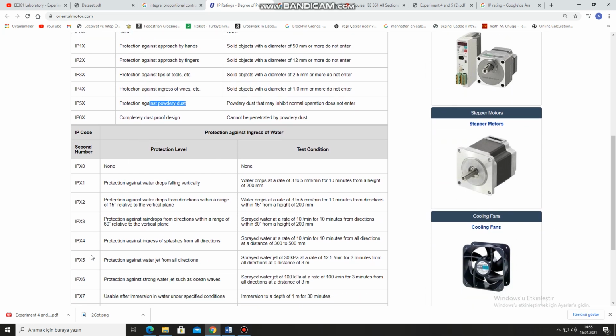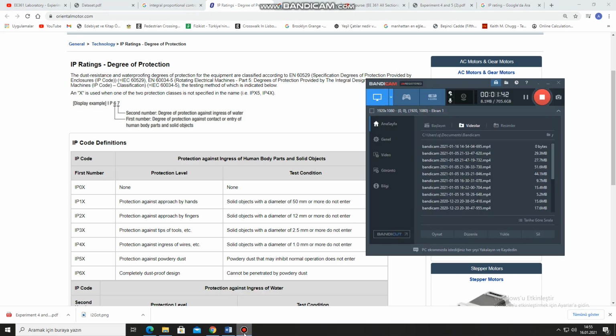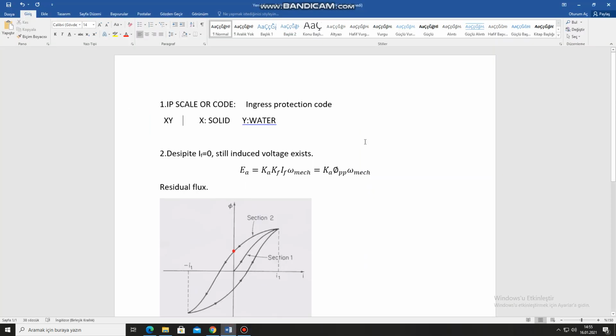Let's see, the 4 is the protection of our DC machine with respect to splashes of water. Okay, this is the test condition. So it's basically all about the resistance of our DC machine with respect to dust and water.